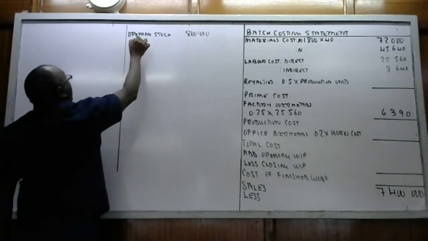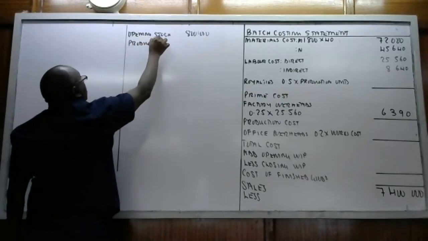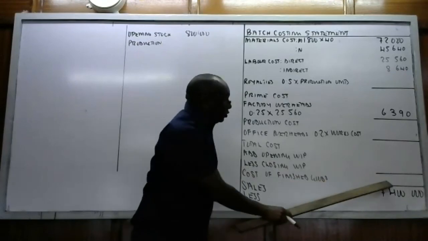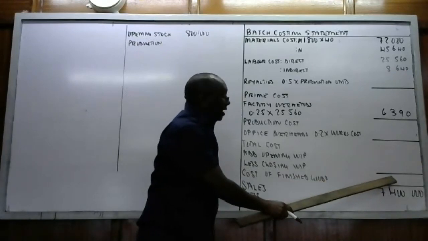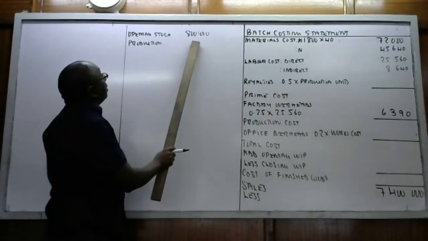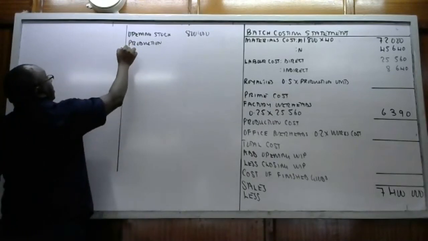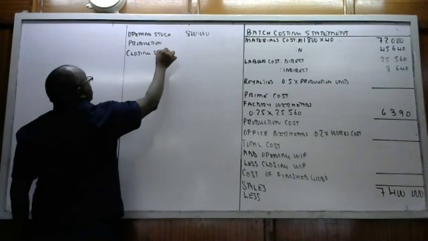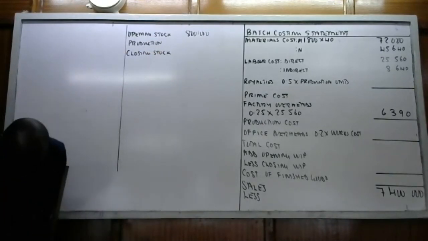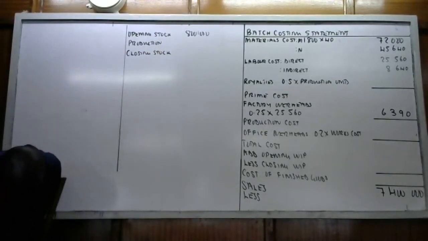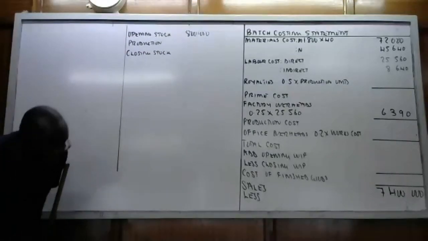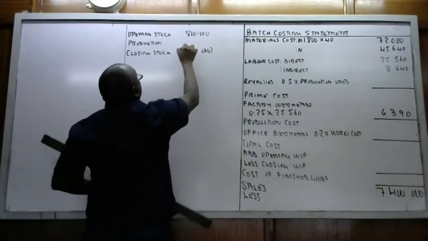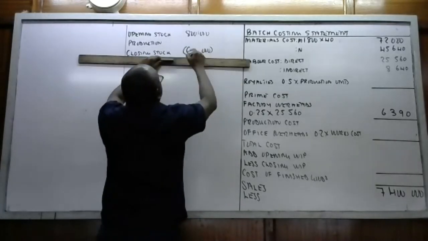Then you bring production cost, the cost of finished goods that we have brought here. So that we get closing stock. Closing stock we are told is 600,000. So you subtract it.